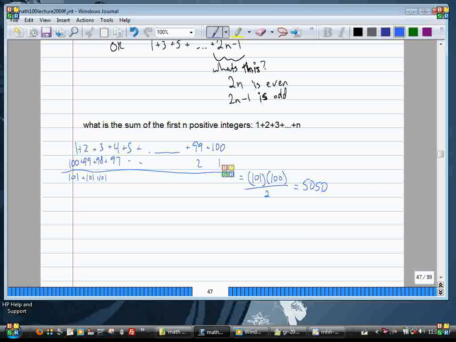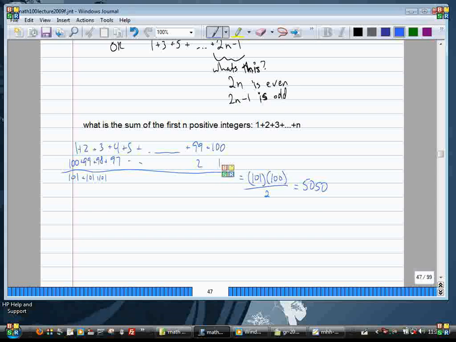So now, I've given you one example, but we're going to use the idea of this example to come up with a general formula, not for the first 100 positive integers added together, but just n integers added together. If you were to have n integers added together, what would happen?